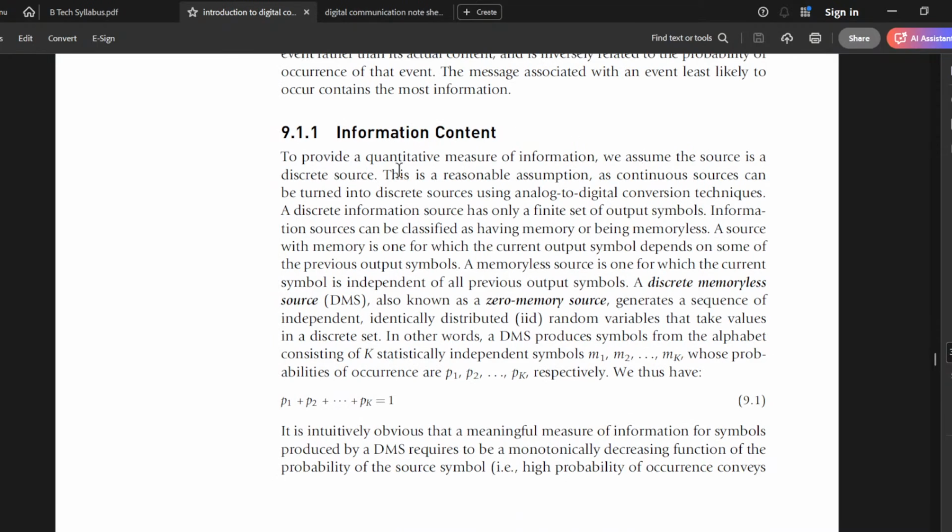So let's start. To provide a quantitative measure of information, we assume the source is a discrete source. Discrete source means the graph will be in a broken manner, not in a continuous time signal. This is a reasonable assumption as continuous sources can be turned into discrete sources using analog to digital conversion techniques.